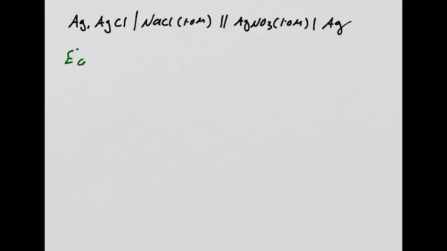I have my NaCl 1.0 molar, and then voltaic cell, I have silver nitrate 1.0 molar, and I have my silver metal. Okay, what I want you guys to do, I want you to calculate the E cell value for this reaction. It's a hard reaction. Also, I'm sending you guys a more elaborate SRP that you're going to be able to find all of these reactions on.